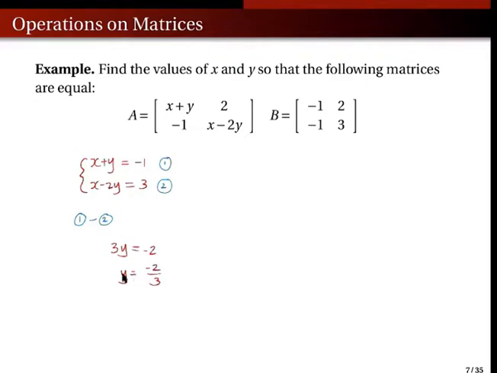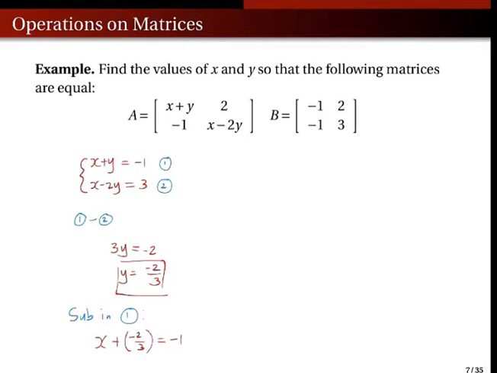So now you have a value for y. We look at any of the equations and substitute y into it. Let us use equation 1. So substituting into equation 1, we get x plus y, which is negative 2/3, equals negative 1.